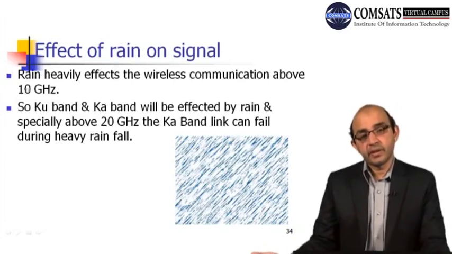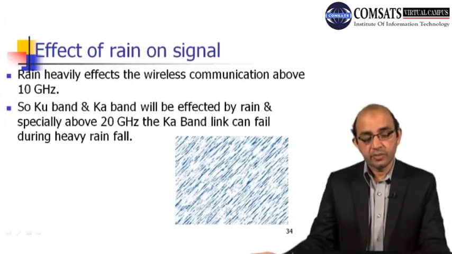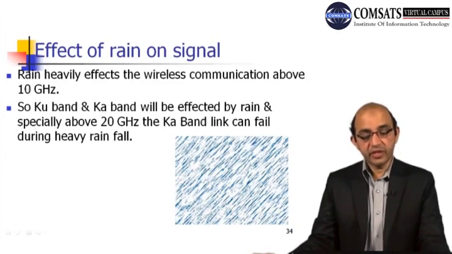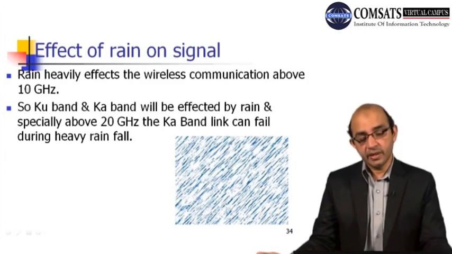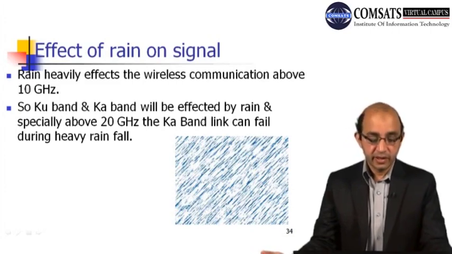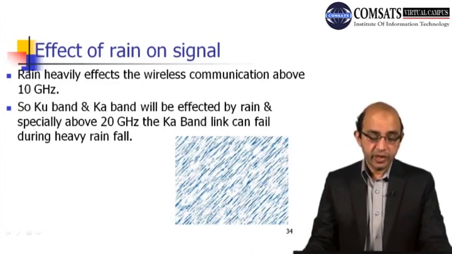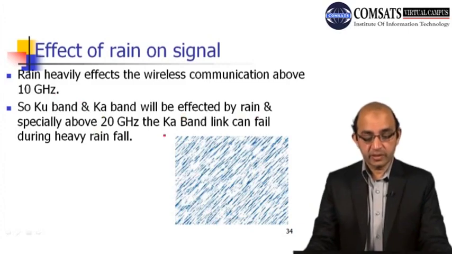Then here we will be talking about the effect of rain on satellite communication. Rain can heavily affect wireless communication above 10 gigahertz. If we talk about the Ku band and Ka band, they operate above 10 gigahertz and are affected by rain, especially above 20 gigahertz.